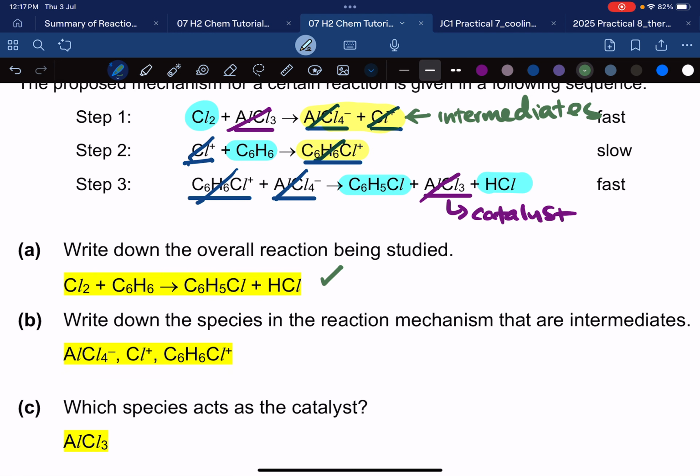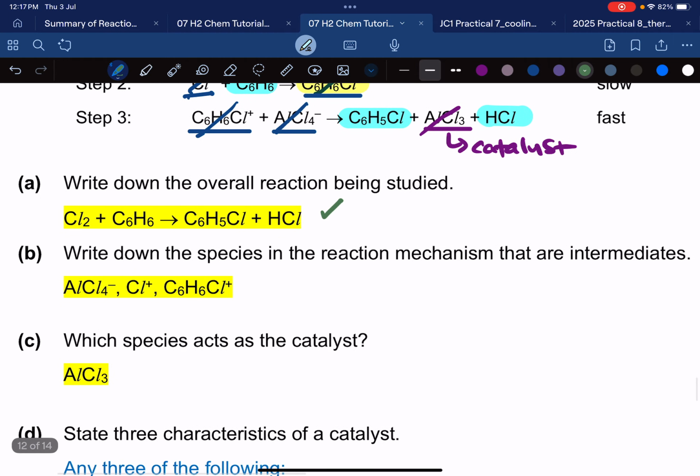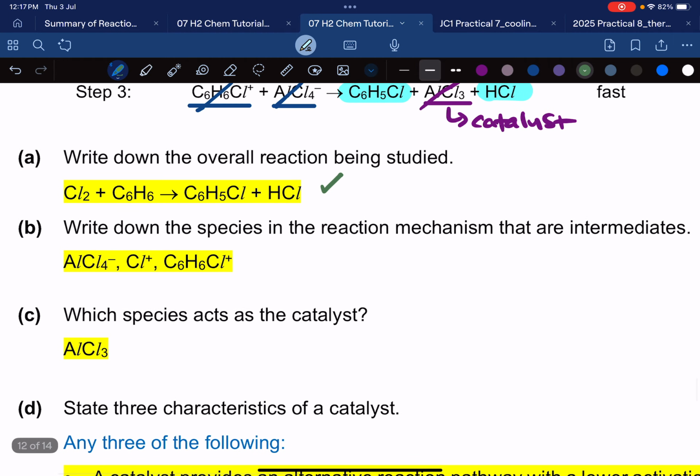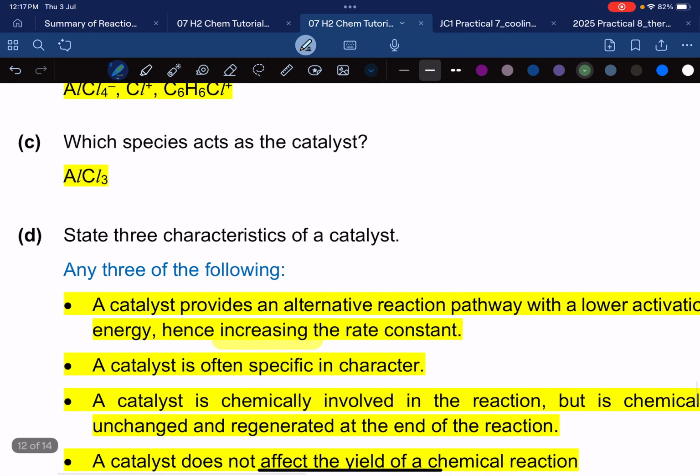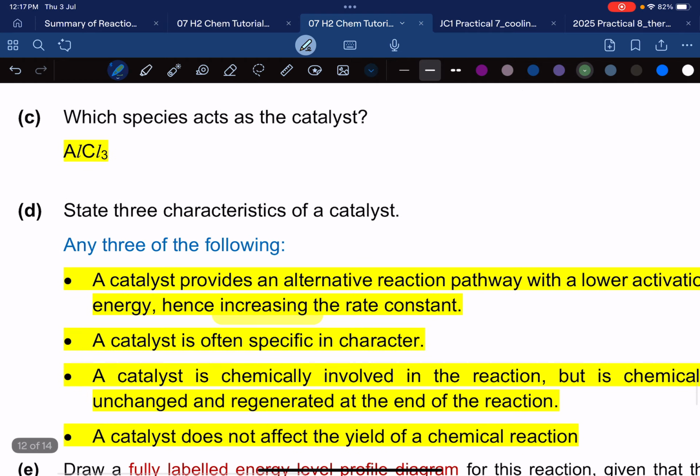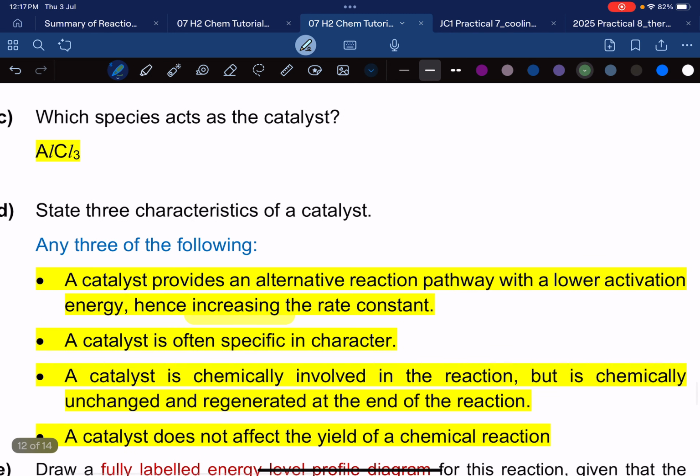Part D is actually a very recall-based question. Hopefully you managed to memorize and reproduce the 3 characteristics of the catalyst. You can give any of the 3. The first one is that catalysts provide an alternative pathway with a lower activation energy, and therefore increase the rate constant.